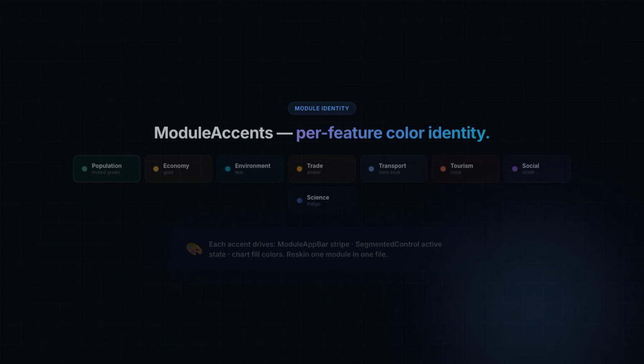A feature screen calls euro.moduleAccents.forModule with its module name and gets the right color without knowing anything about the other modules. This lets a designer reskin a single module, change population from green to teal, without touching the other 7. The color identity is centralized in one data class but separated per module.